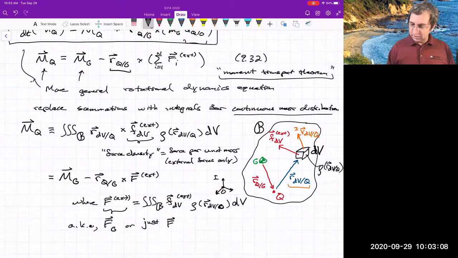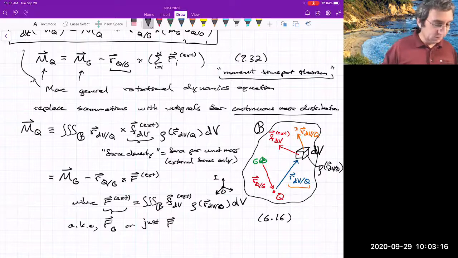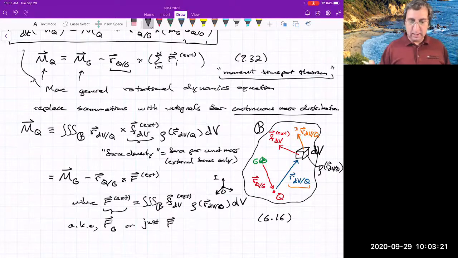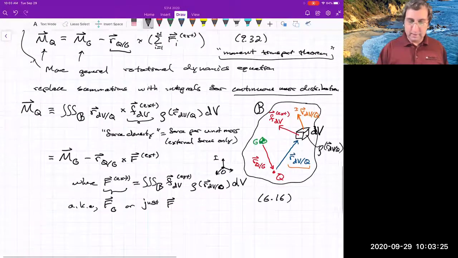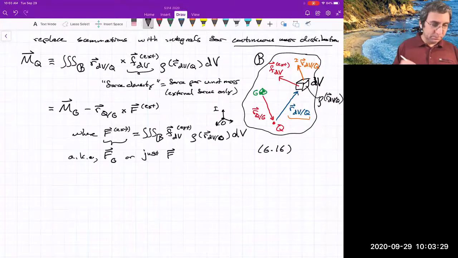Okay. And this, I think, is in, I don't know why the book puts things in a different order, but I don't like its order. So this was back in chapter 6. Okay, so that's the total moment about an arbitrary point. We also need the total angular momentum about that point.